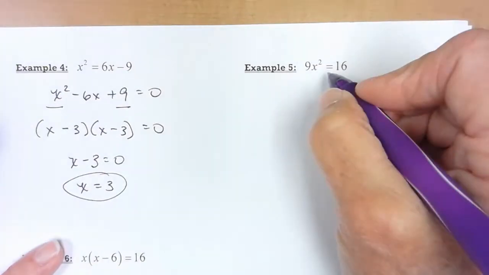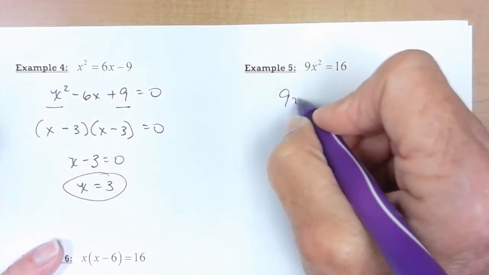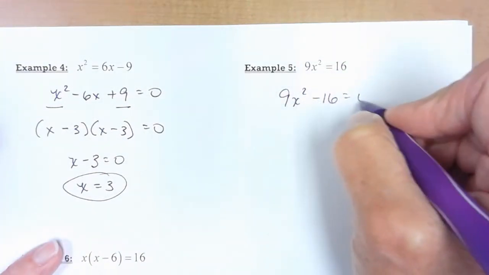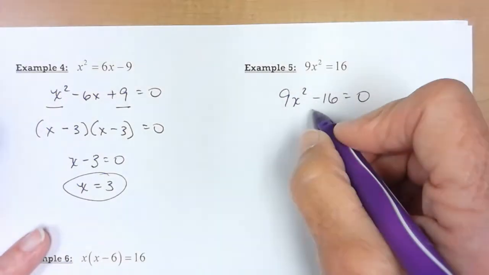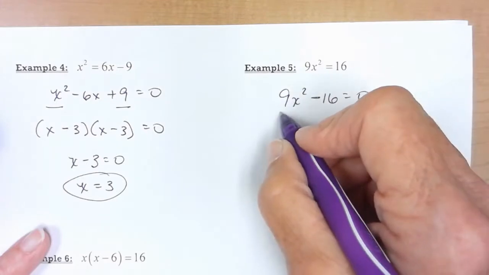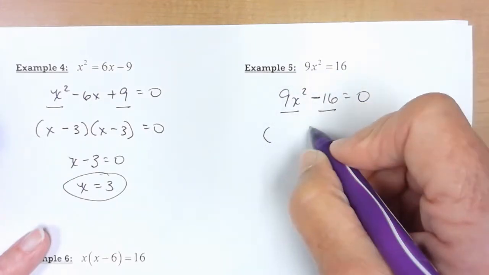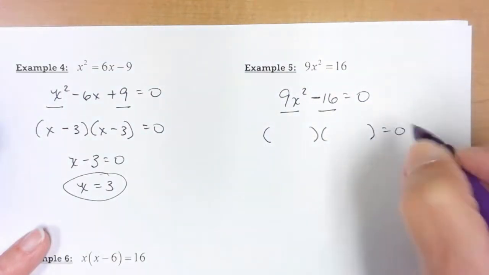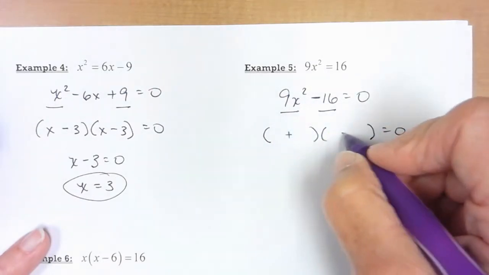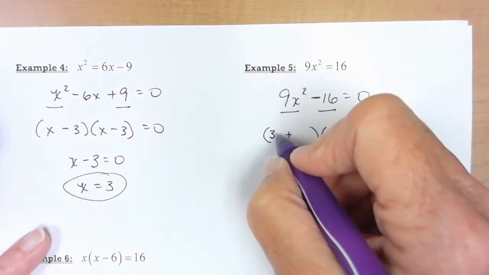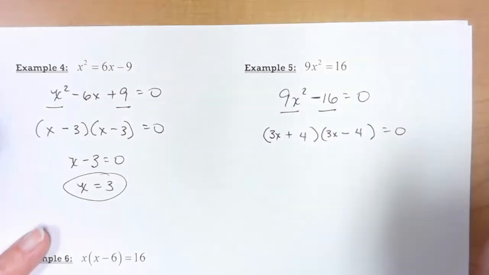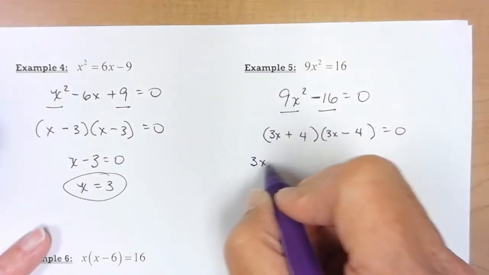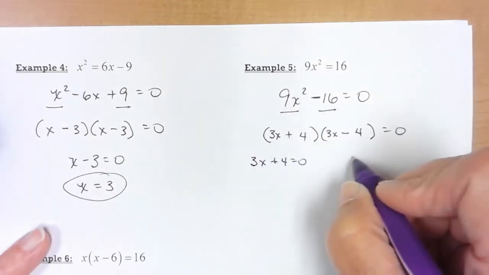This one, not in correct form. Move that over. You have to have 0 on one side. I prefer the right. I've got two terms. That's a perfect square. That's a perfect square. So 2 parentheses, a plus and a minus. Square root, square root. It is factored. Let's set them individually equal to 0.